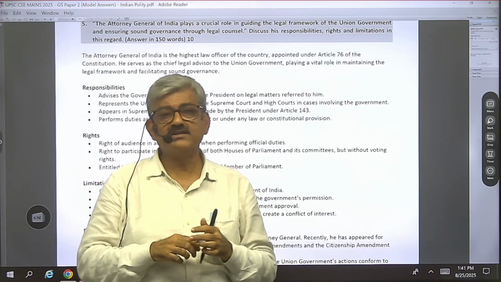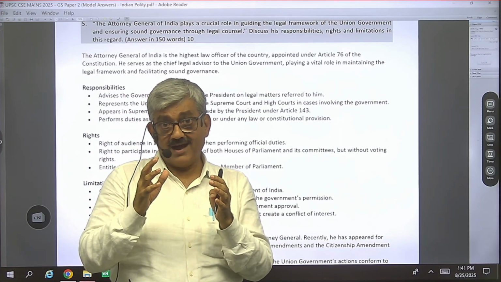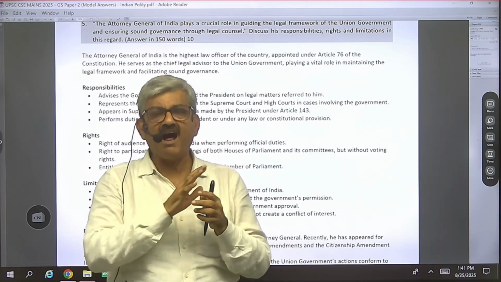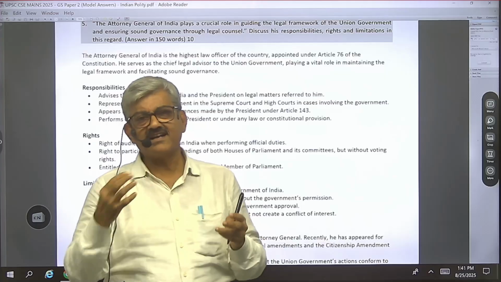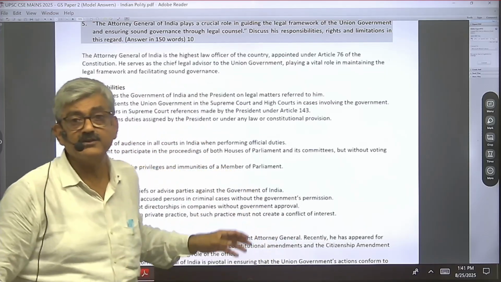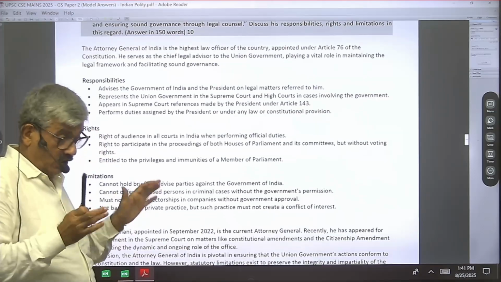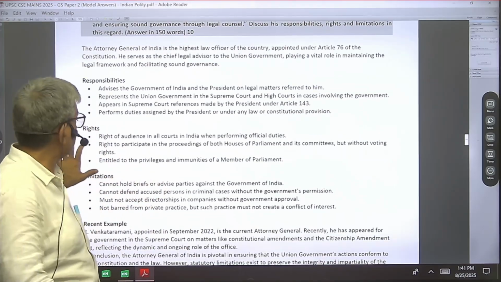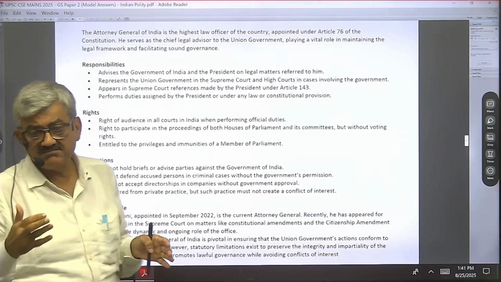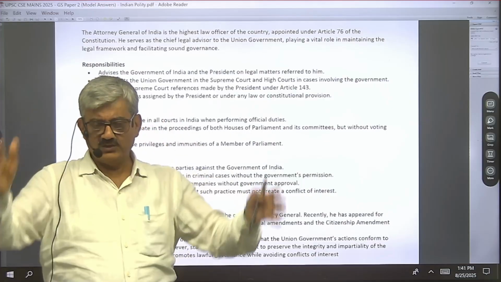What makes the Attorney General important and occupies a vital place? Recently, in a large number of cases, whether the SIR case or other cases, the Attorney General has been representing the Government of India and the Union Government. Therefore, it has come to the notice of all, and it becomes a hot topic for discussion. Attorney General of India, Article 76, Part 5, is in the Union Government list.